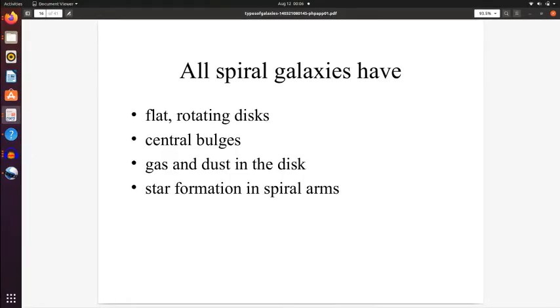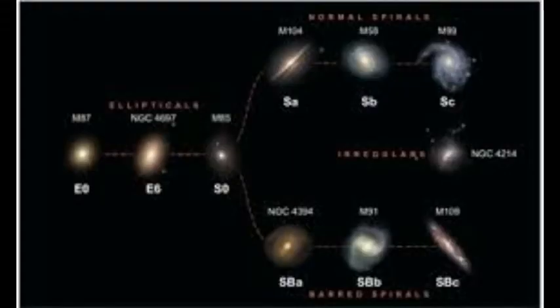All spiral galaxies have a flat rotating disk, central bulges, gas and dust in the disk, and there may be star formation in the spiral arms. Edwin Hubble classified spiral galaxies into normal spiral galaxies and barred spiral galaxies according to the size of their central bulge and the texture of their arms.